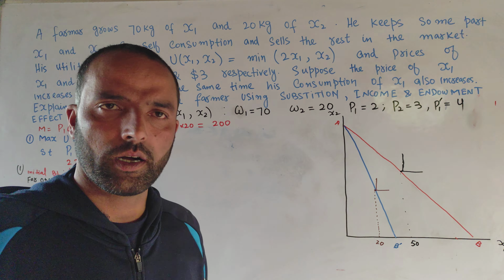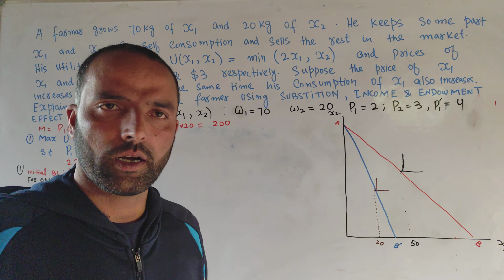I hope I have done justice in explaining to you. Simple thing what I am doing here. Since the quantity demanded of good x1 has decreased, I need to find how much extra money I need to give to the consumer so that he is able to demand the initial bundle at this point. So what will be the amount of income that I will give to the consumer?